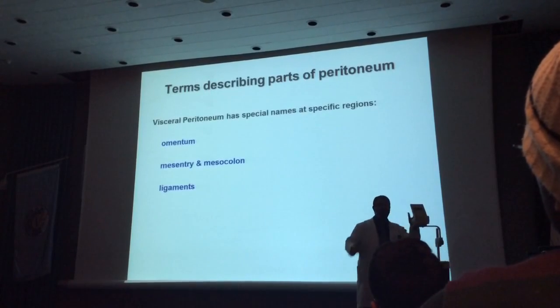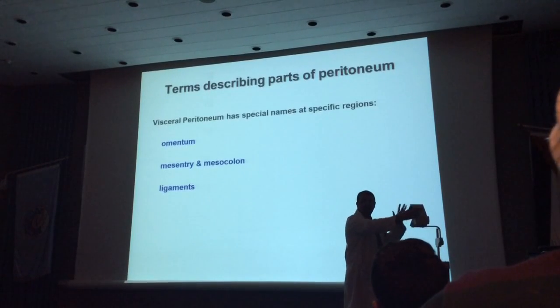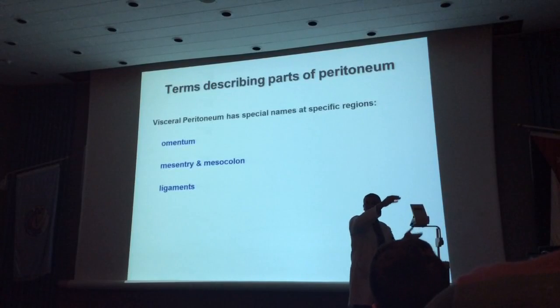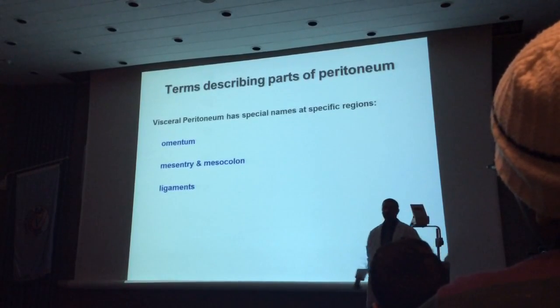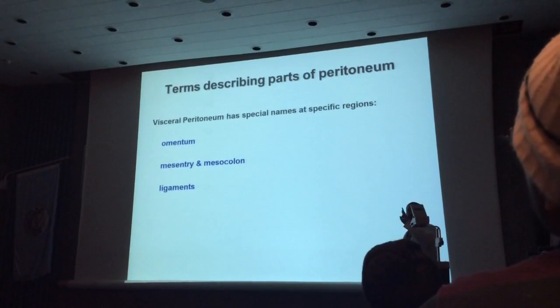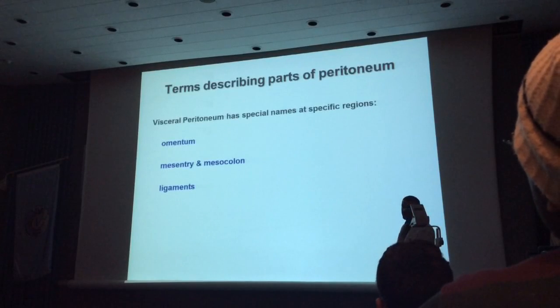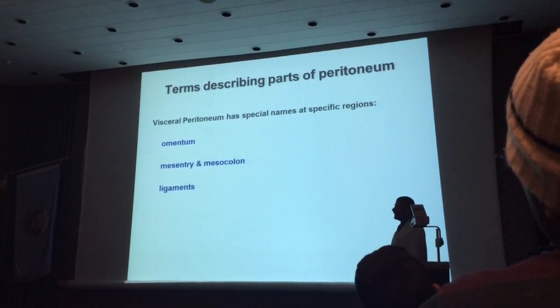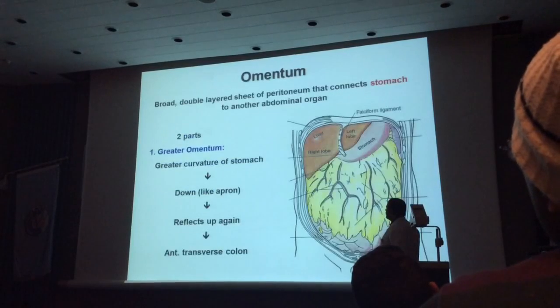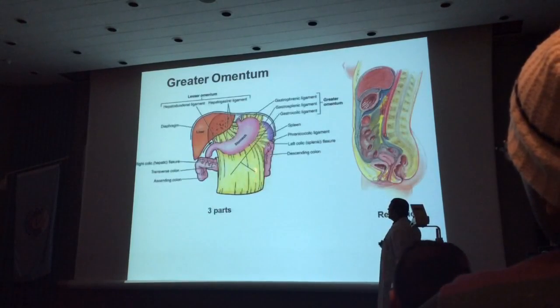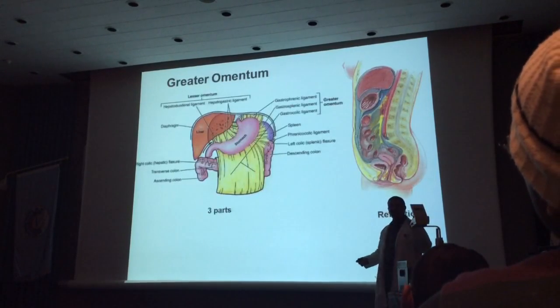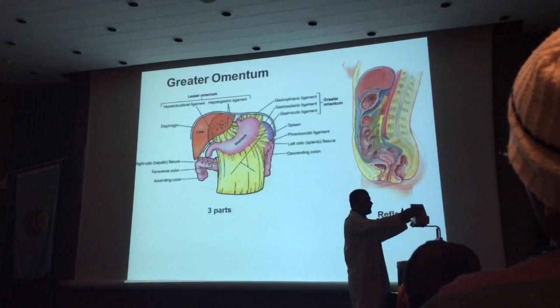Because two visceral layers actually cover any organ, anterior and posterior, or superior and inferior, depending on the location of the organ and its orientation.